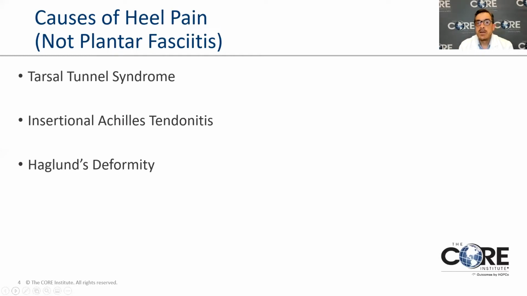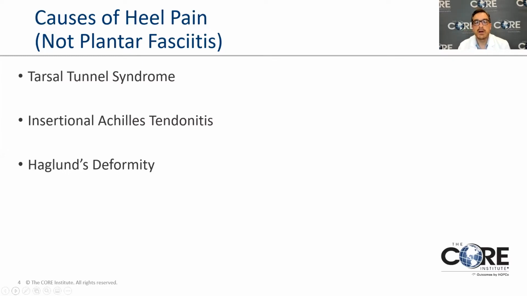All right, so as discussed previously, plantar fasciitis is the most common cause of heel pain. It typically causes pain on the bottom of the heel. And when a person is evaluated for heel pain, in addition, other conditions to rule out include stress fractures and bone cysts of the heel bone.